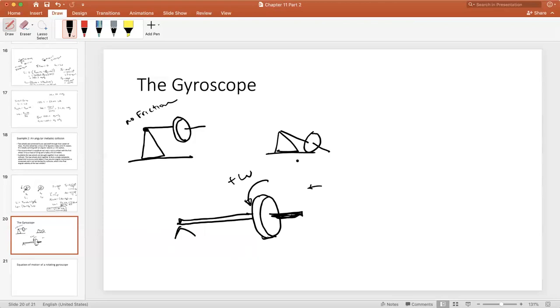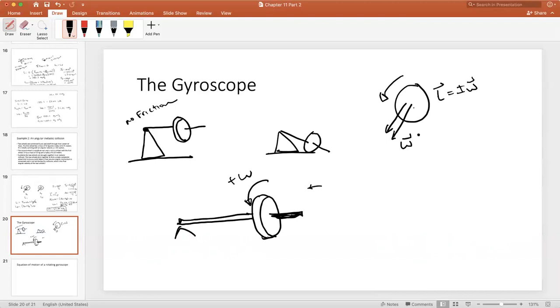If this wheel's spinning, it has omega coming out of the page, right? It also must have some angular momentum, L, equal to I omega, and the L vector is also coming out of the page, right?